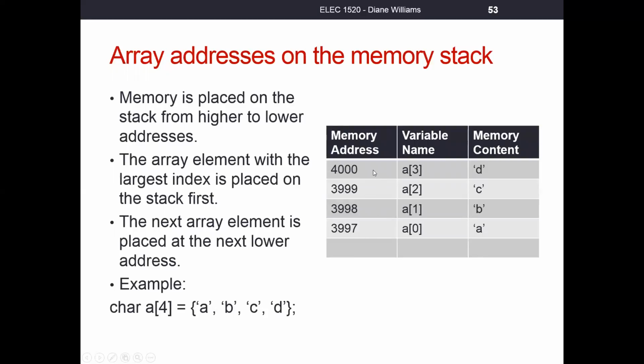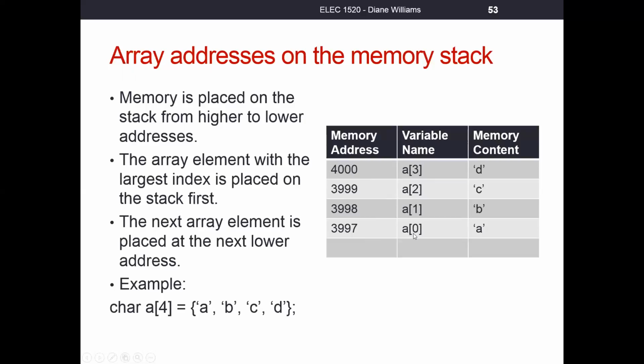So it knows that it needs 4 bytes for 4 chars. If the next available is 4000, it's going to store A at index 3, the end of the array, at 4000. The base of the array, A at index 0, is 3997. So it places these at lower addresses. Remember, we go from high to low.